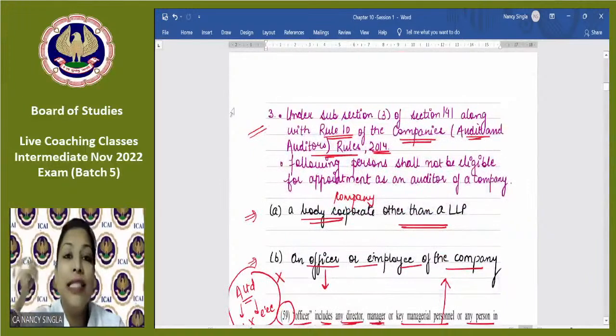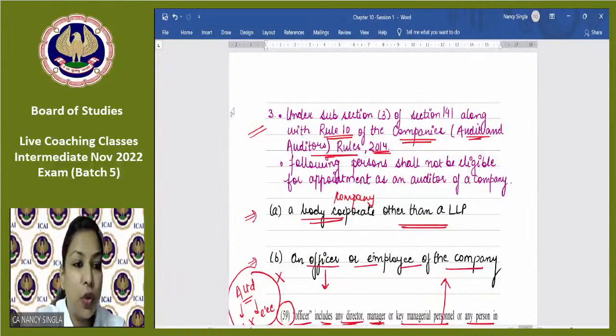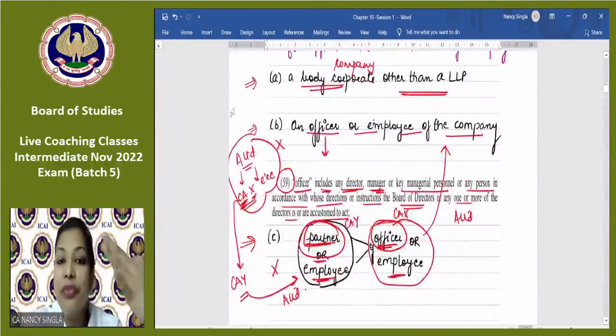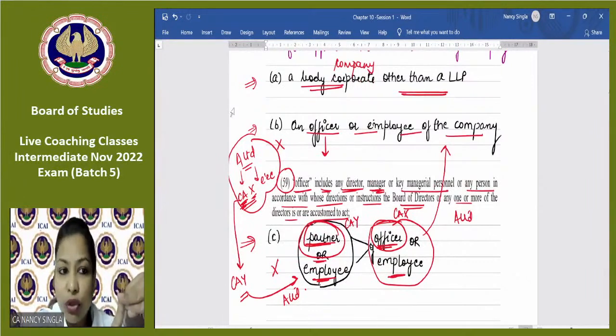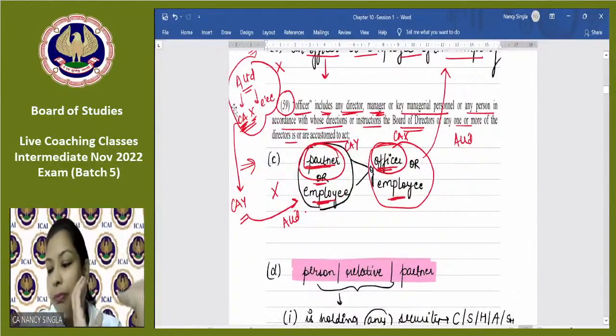Okay? Section 141, subsection 3, along with Rule 10 of the Companies (Audit and Auditors) Rules 2014, deals with what all persons are not eligible, are disqualified to be appointed as an auditor of the company, whereby we have covered 3 clauses: a body corporate other than LLP, an officer or employee of the company, and a partner or employee of an officer or employee of the company.